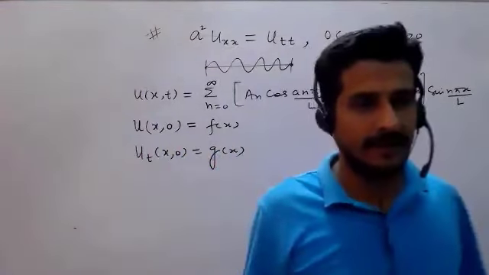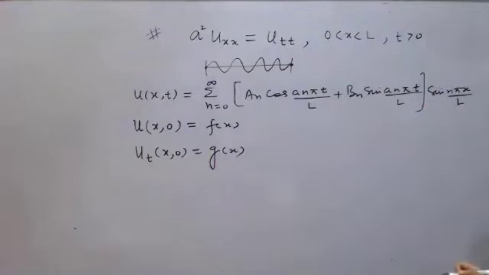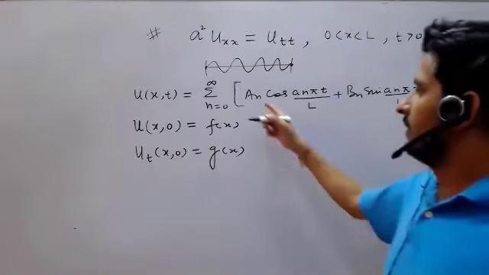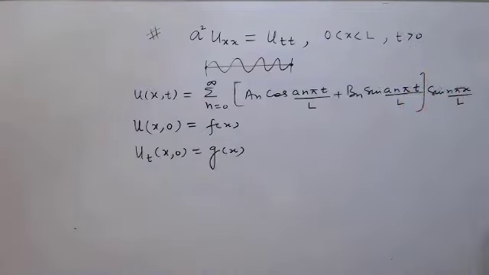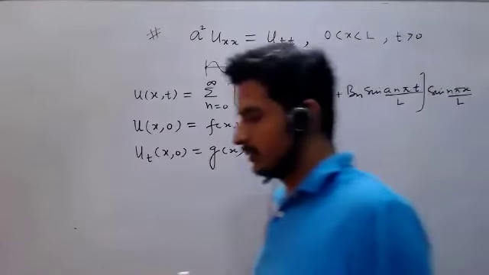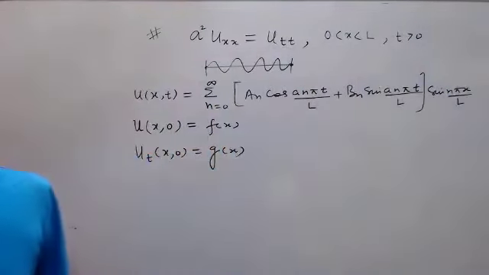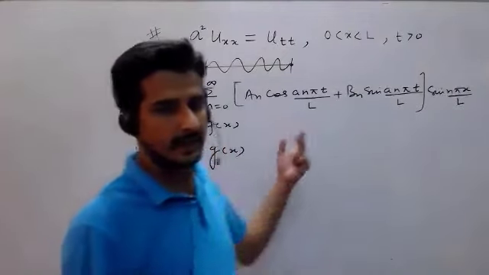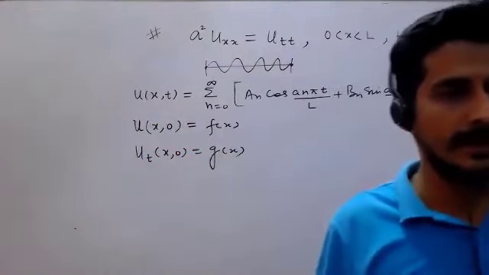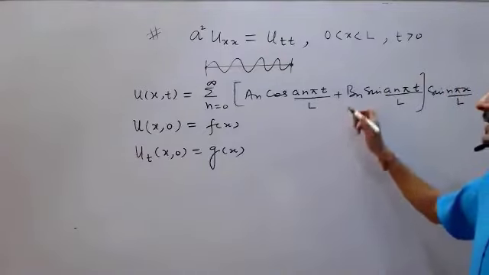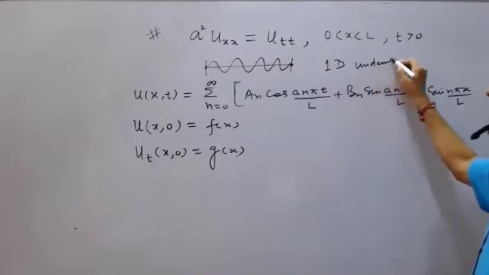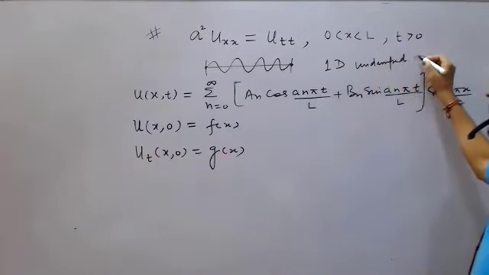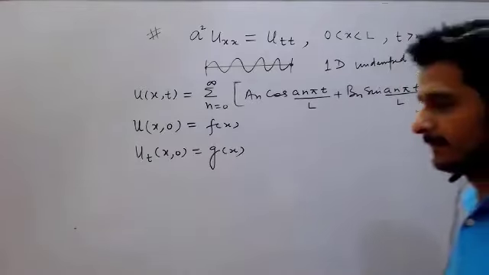The values of f of x and g of x can be used to calculate the values of an and bn. That is actually the concept of Fourier series, but even if we don't know the Fourier series, I told you how to derive that. So this was the first thing which we did for the one dimensional undamped equation.